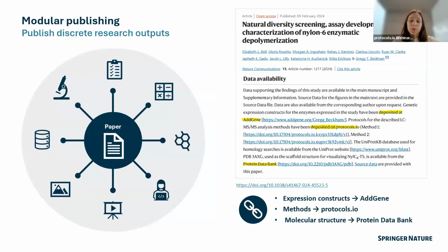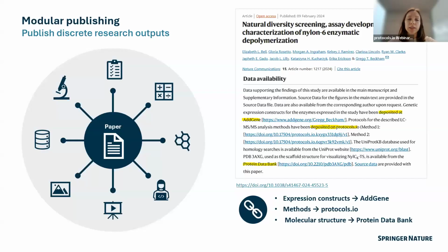And if we think about that publishing side of the platform and how that might fit into publishing things like journal articles and other research outputs, this is how it fits in. So here you'll see a little bit on the concept of modular publishing, and that's where all of the different modules associated with a piece of research, so that might be something like code, molecular structures, methods, are all put into fit for purpose repositories and linked to the paper that might talk about the narrative of that piece of research.